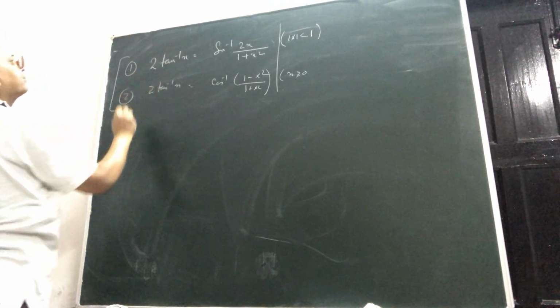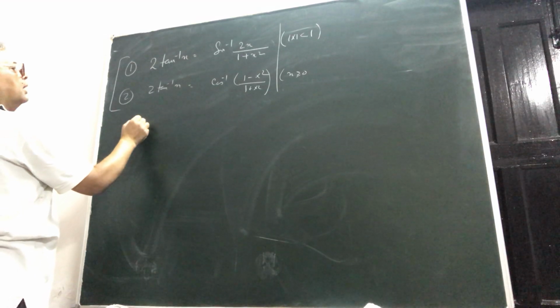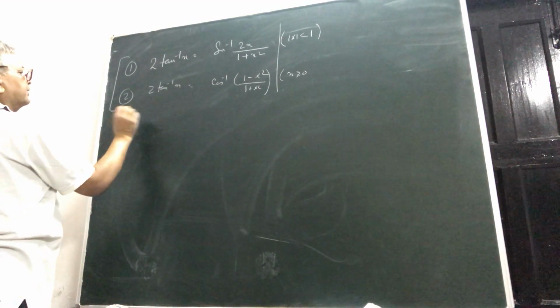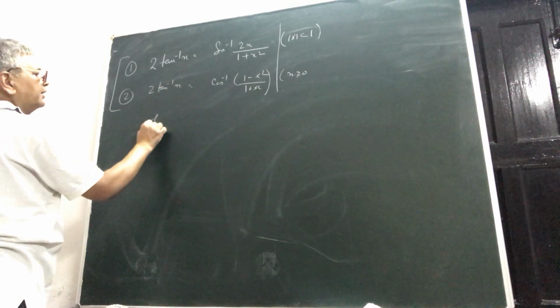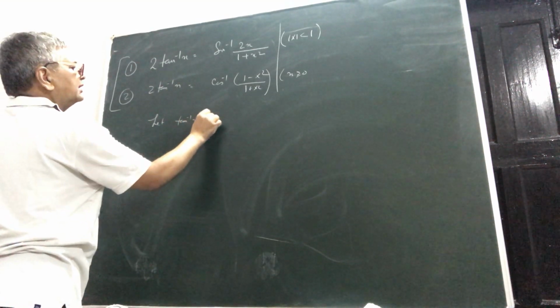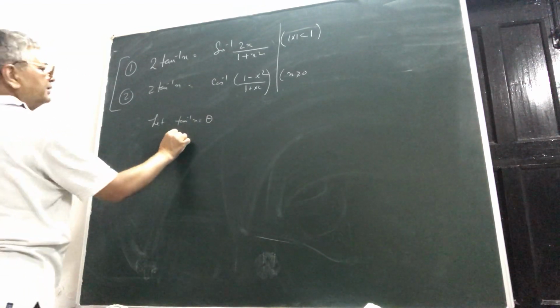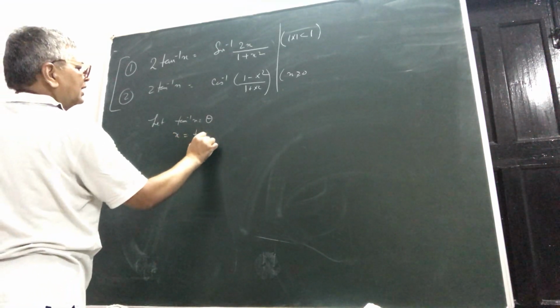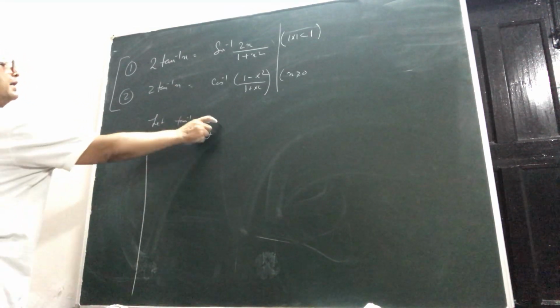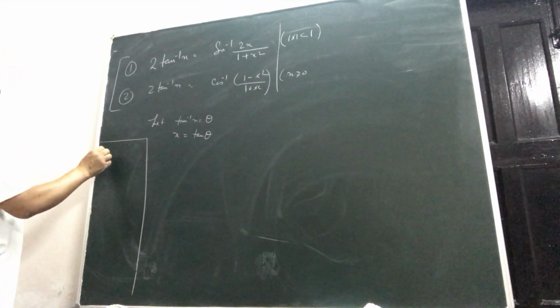For this first property, 2 tan inverse x. So for proving the first property, assume that tan inverse x is equal to theta. So what does it mean? It means x is equal to tangent theta. Where will this theta lie?